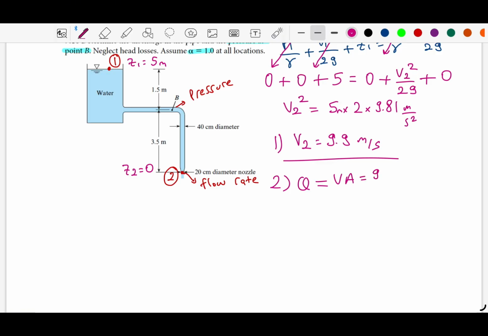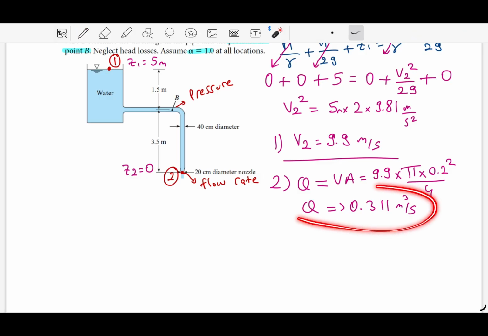So we have 9.9 times pi times 0.2 square over 4, and this is equal to 0.311 cubic meters per second flow rate.